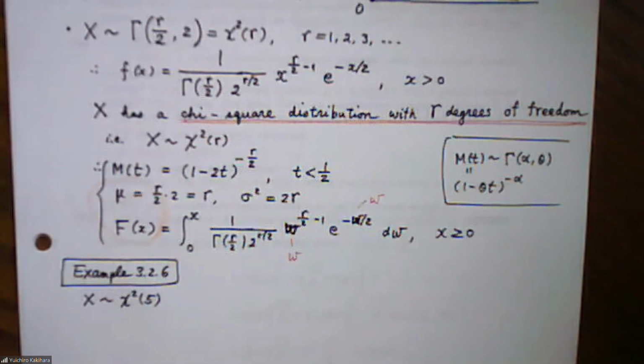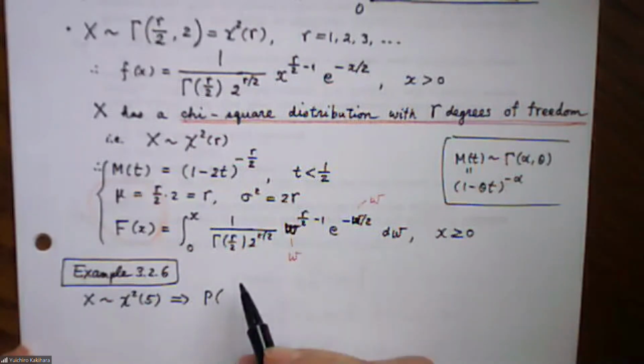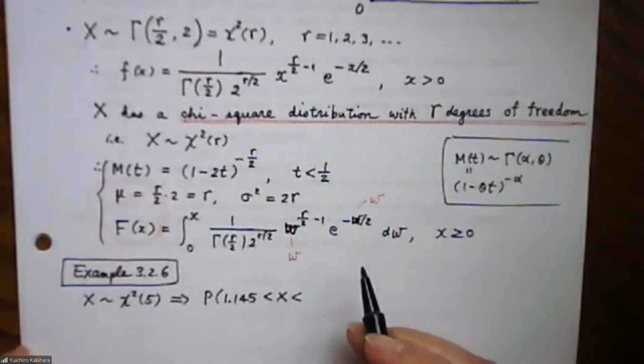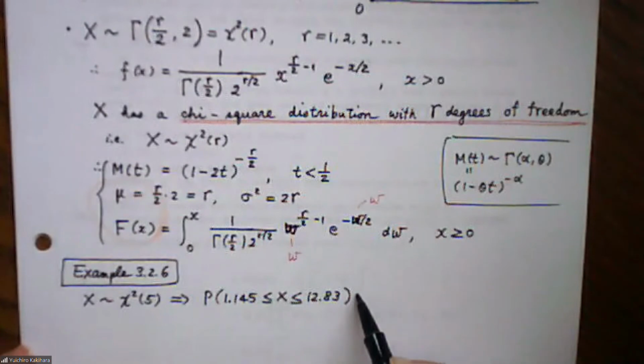Then we'd like to get the probability that x is between 1.145 and 12.83. The equality sign doesn't matter. So how do you get these values? There's an answer.